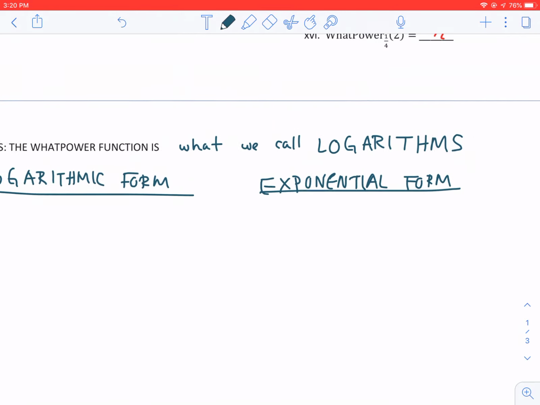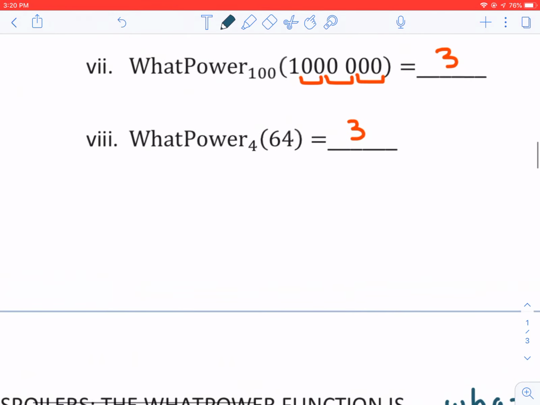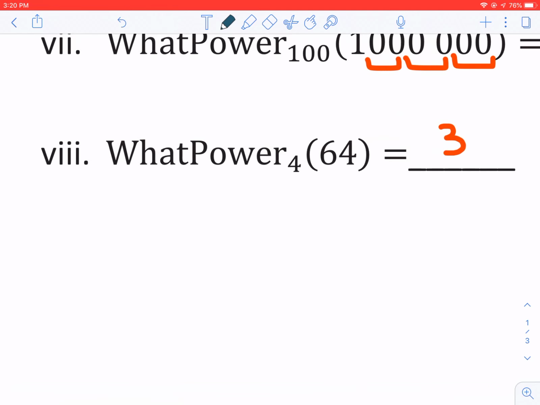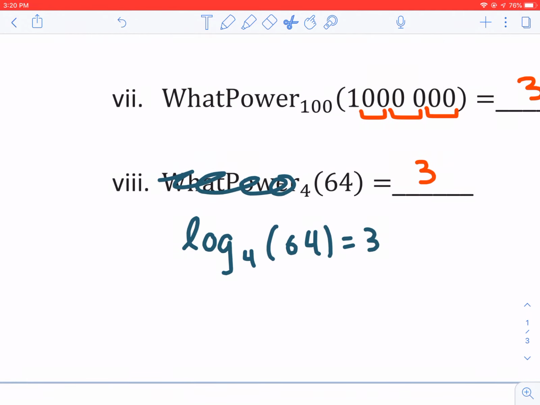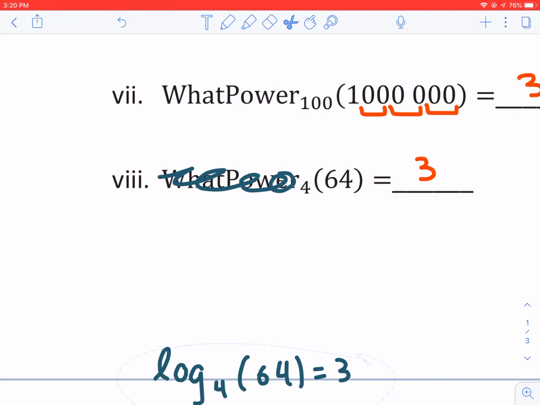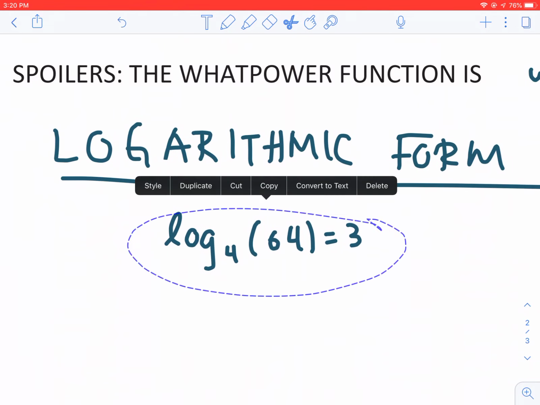So when I said the WhatPower function was a logarithm, it means we could have said log base 4 of 64 is equal to 3. WhatPower is log. So if I have this, that's logarithmic form.